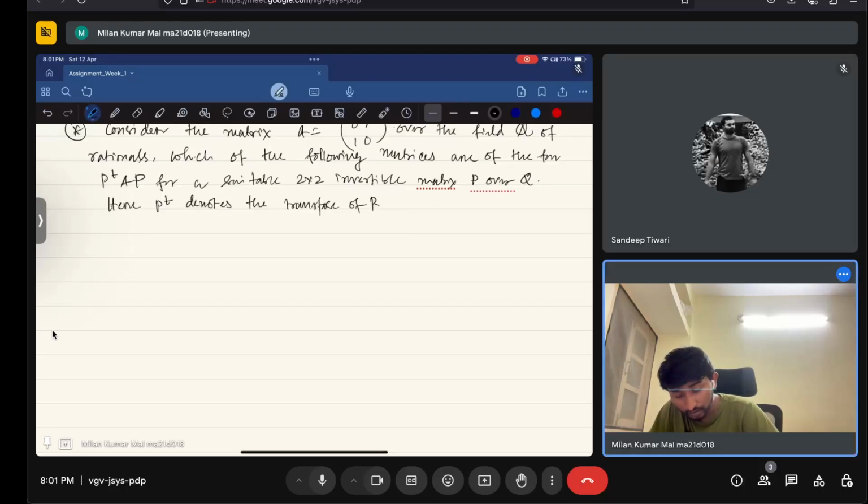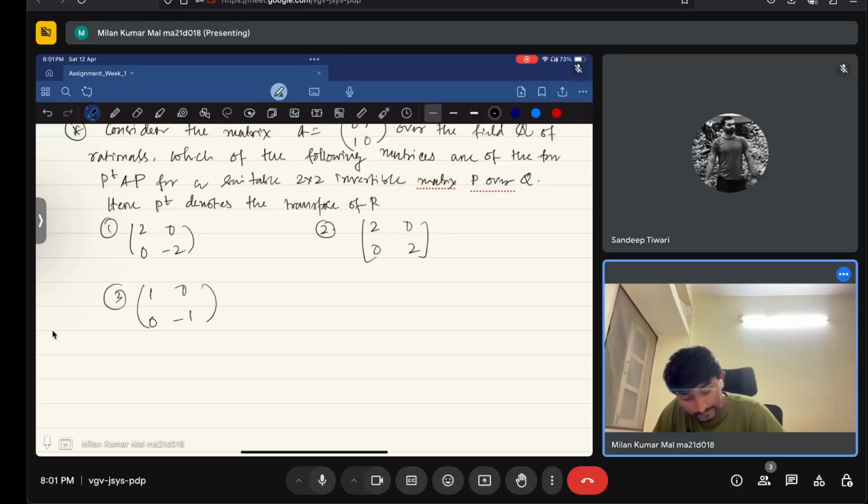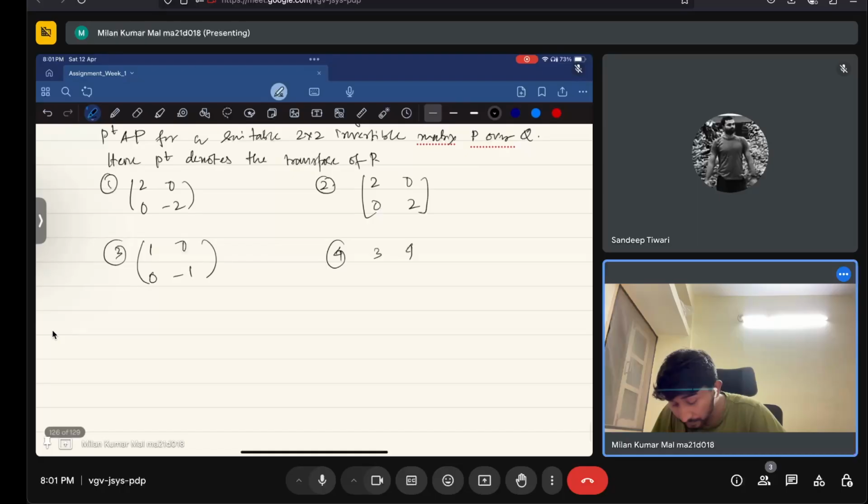So option 1, 2, 0, 0, minus 2. Option 2, that is 2, 0, 0, 2. Option 3, that is 1, 0, 0, minus 1. Option 4, that is 3, 4, 4, 5.